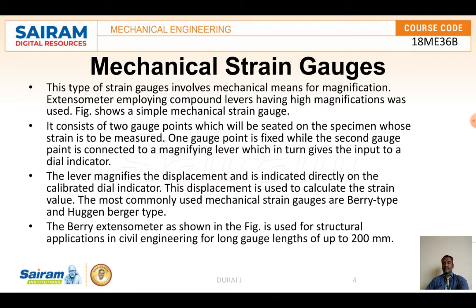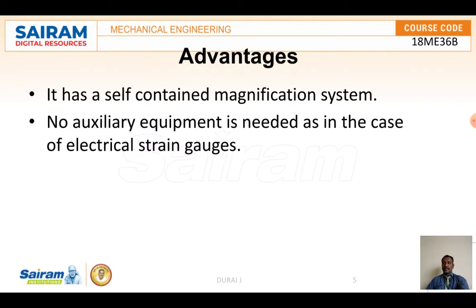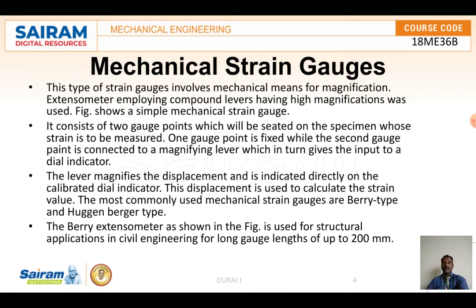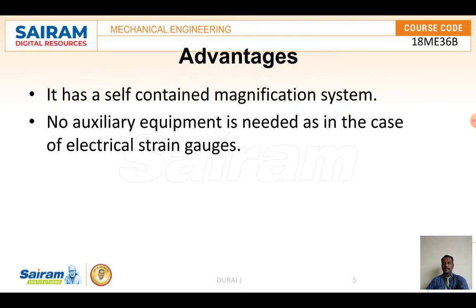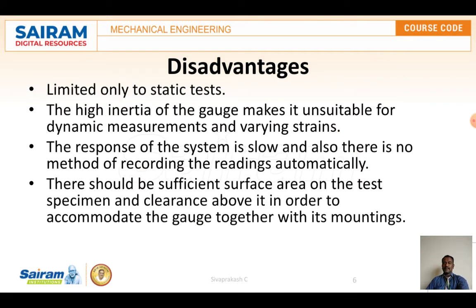The mechanical strain gauges have advantages: they have a self-contained magnification system, so to operate them they do not require any external devices or power source. They have their own built-in magnification and no auxiliary equipment is needed, as in the case of electrical strain gauges.